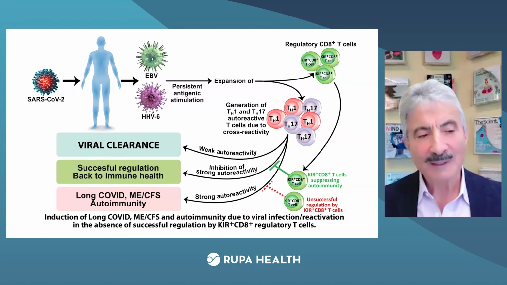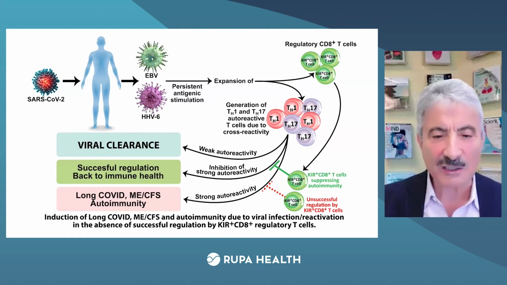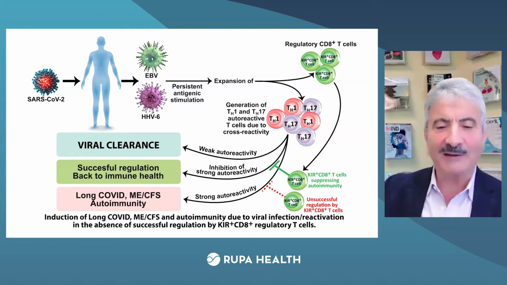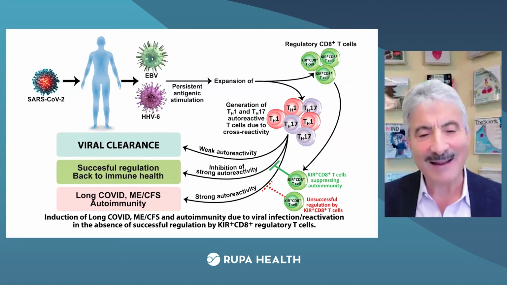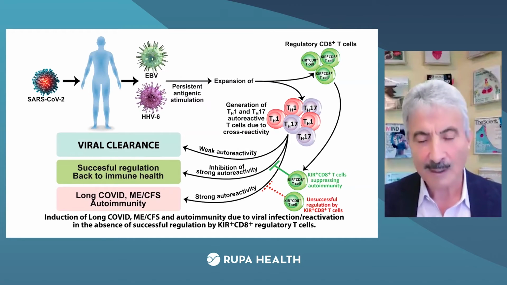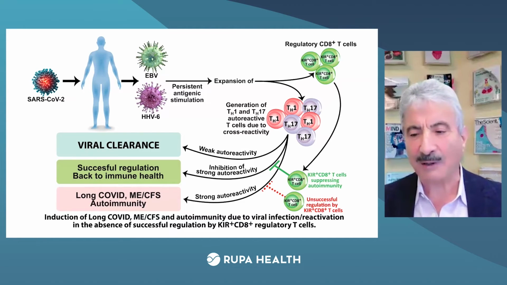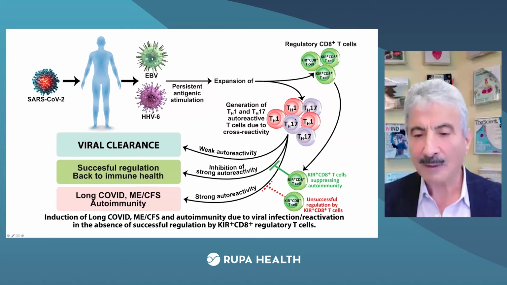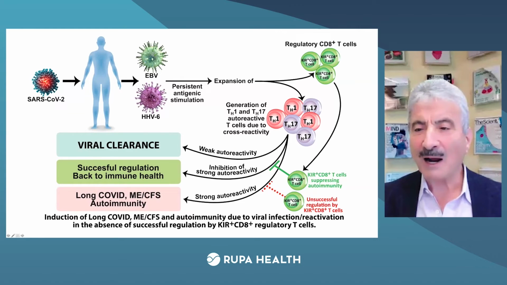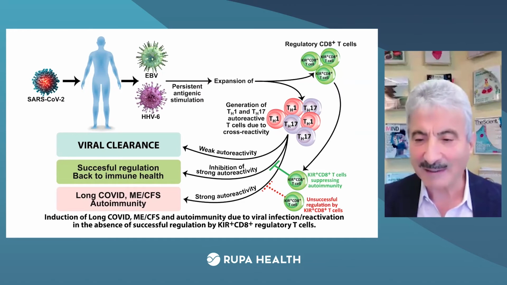So now SARS-CoV-2, EBV, and HHV6 release so many antigens, so persistent antigenic stimulation causes generation of autoreactive lymphocytes, T helper 1 and T helper 17. At the same time, the body also expands the number of KIR positive CD8 positive T cells.